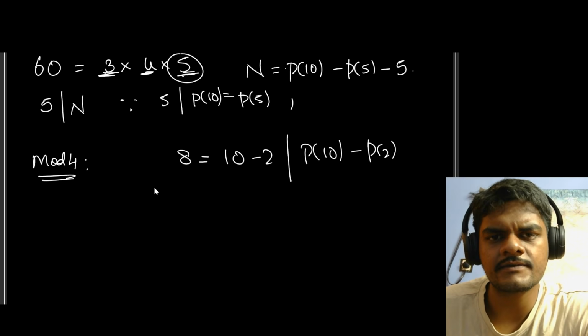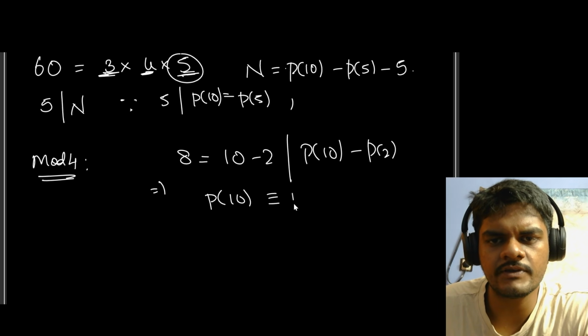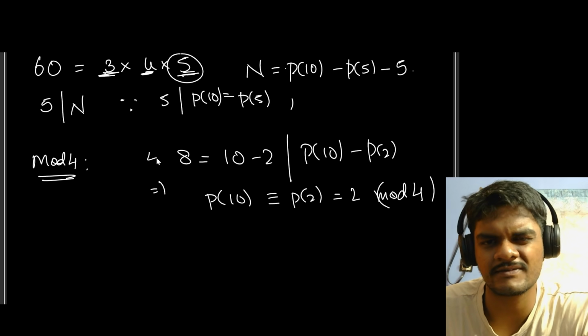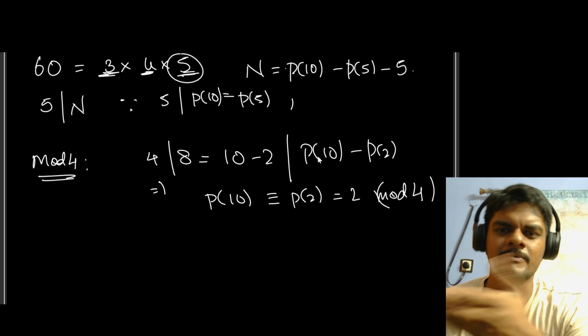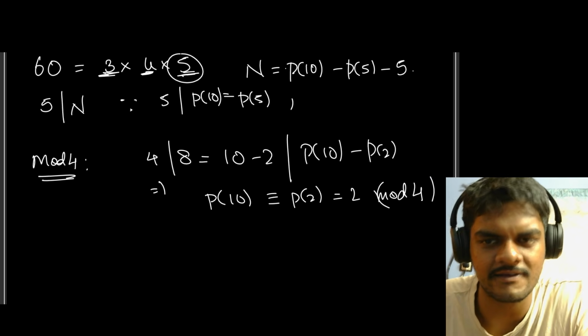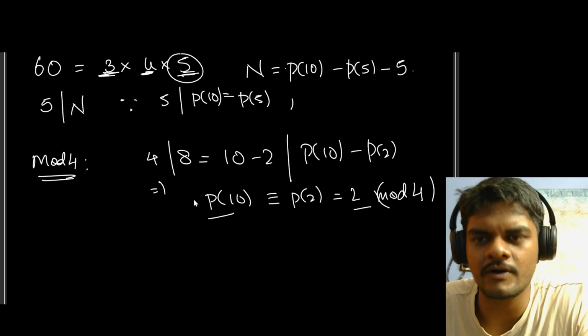So that will imply that p of 10 is congruent to p of 2, which is 2 mod 4, because 4 divides this, so it's not a problem. We can write this as mod 4. Mod 8 and mod 4 won't make much difference here.